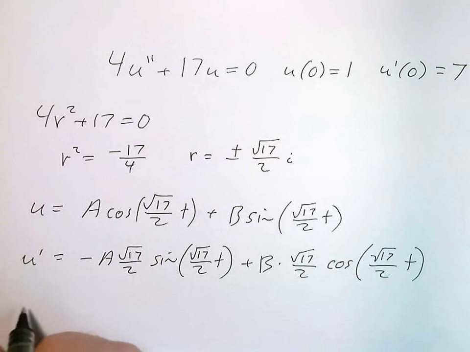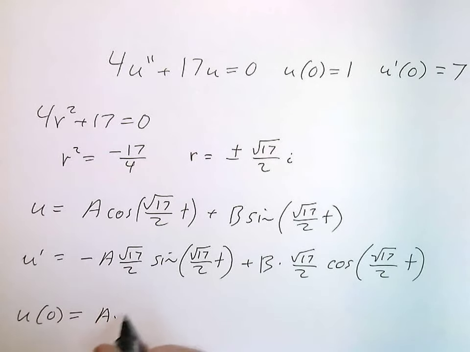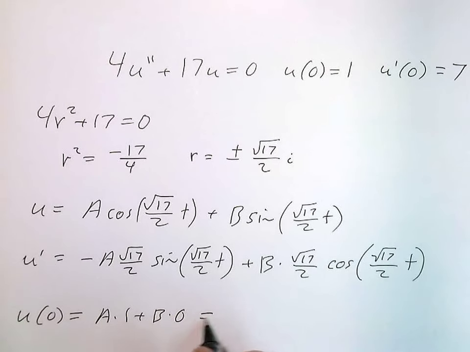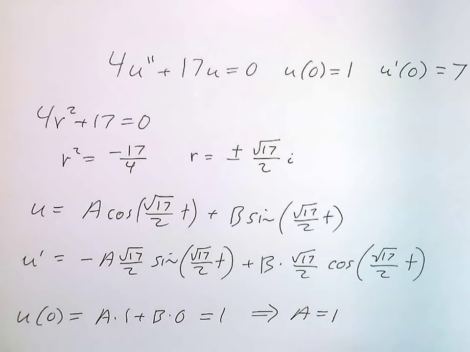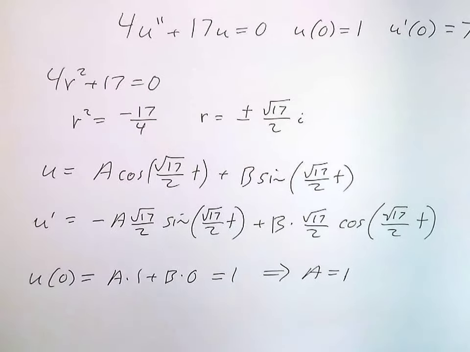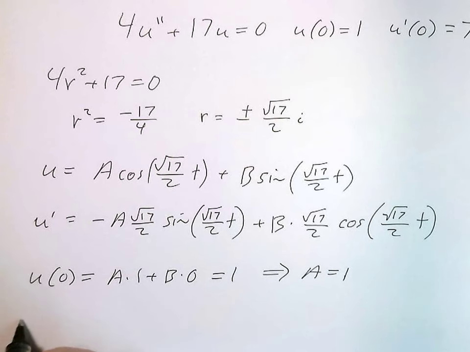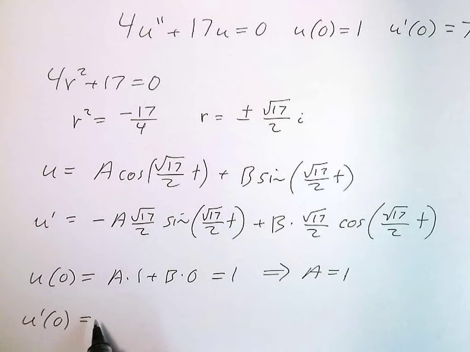So my u of 0 is just a times 1 plus b times 0. But we set this equal to 1, and this means that a is 1. And then our u prime of 0 is going to be what?